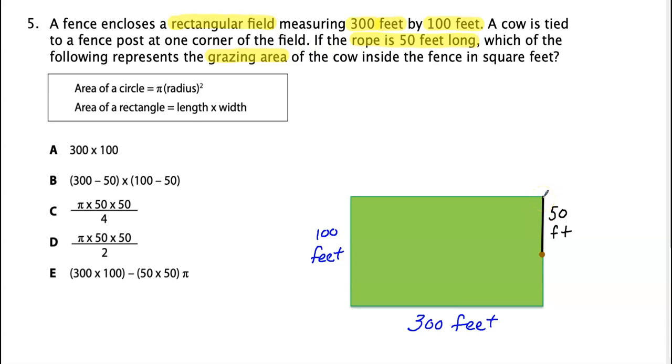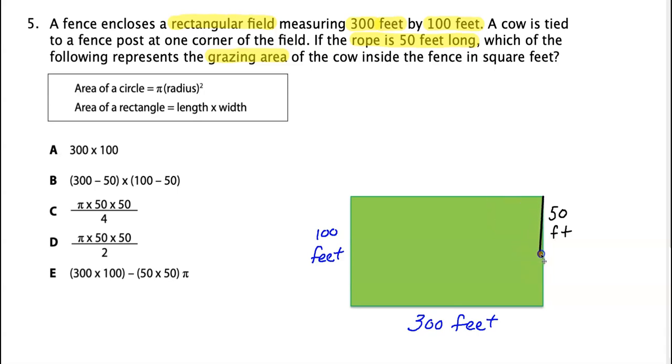Now, let's see what we are trying to figure out. We want to know the grazing area of the cow. Watch this little demonstration here, and it might help you understand how to figure this out. Here's the cow. He's attached to the rope, so he can graze in this area from here to here.